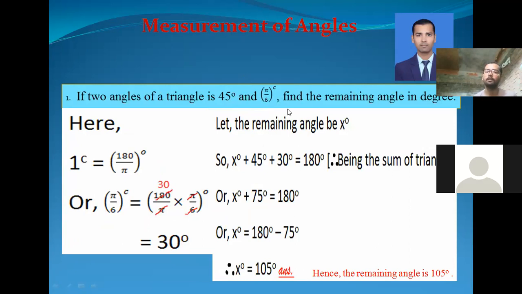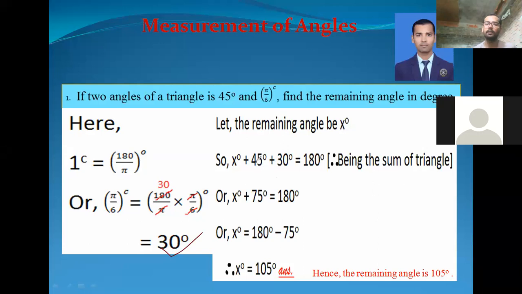Then according to the angle sum property of a triangle, we add the three angles: x degree, 45 degree, and 30 degree equal to 180 degree.